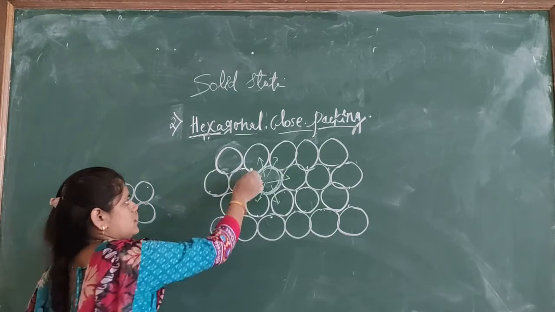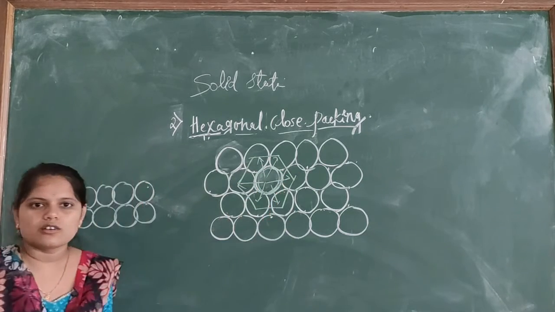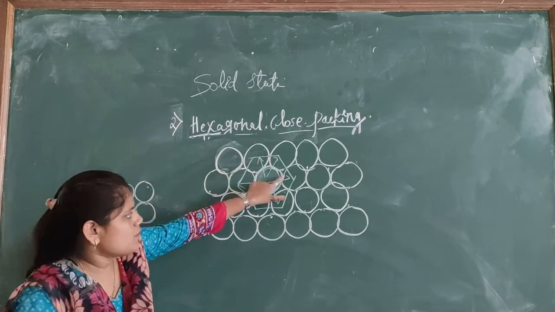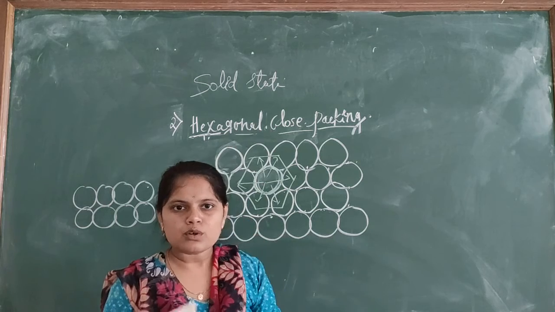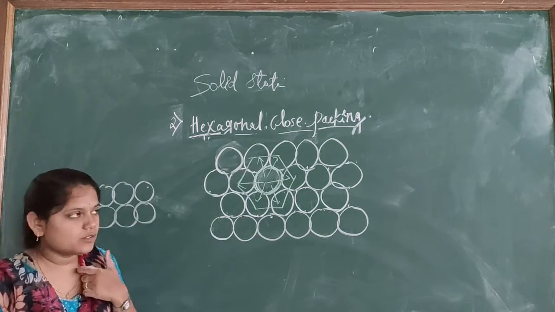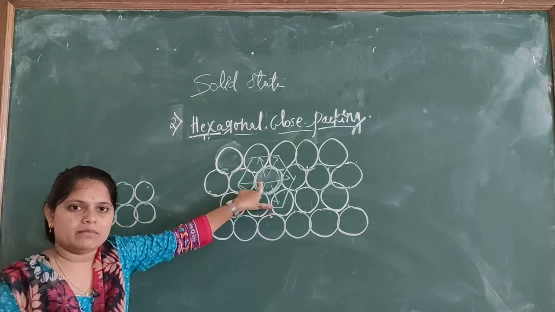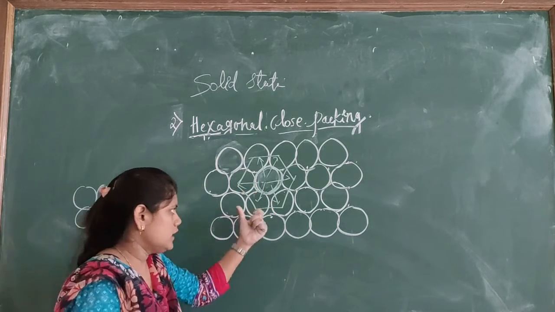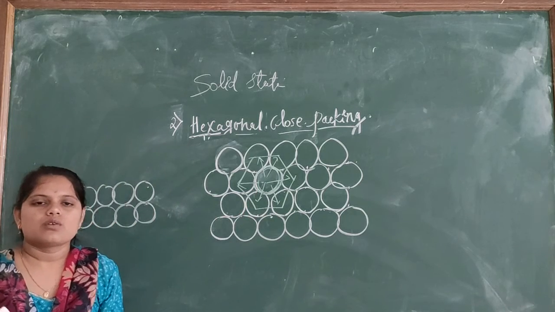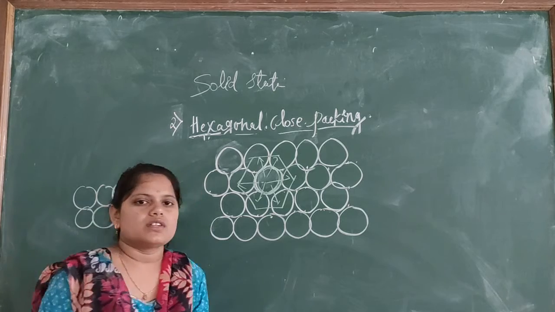Yes or no? So there is a formation of a benzene-like structure, hexagonal close packing. Having 6 neighboring atoms, we call it hexagonal close packing. It means it has 6 as the coordination number.